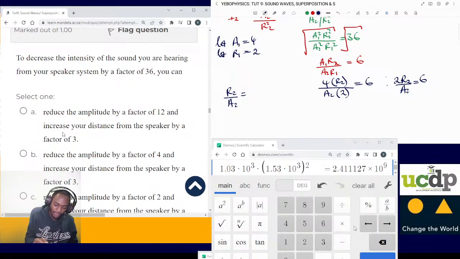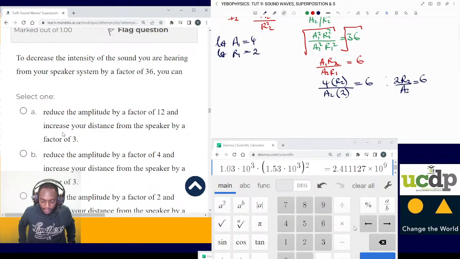Okay, we can just solve it as it is. Did I simplify this correctly? Yes, I think we've simplified it correctly.